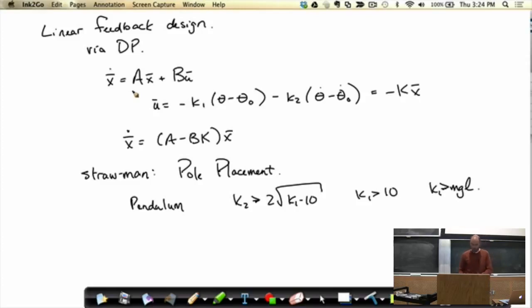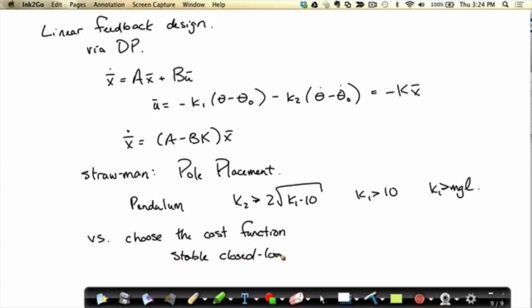I'm contrasting choosing the gains directly with choosing the cost function and then solving an optimal control problem, and I strongly favor choosing the cost function, for free, or just a little bit of elbow grease.